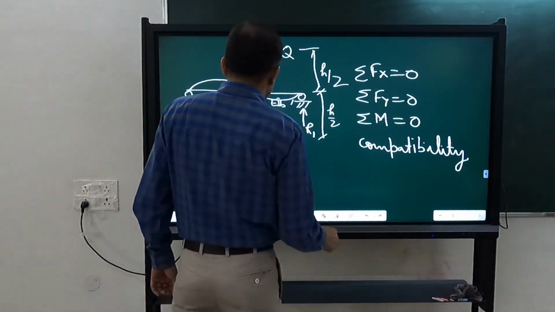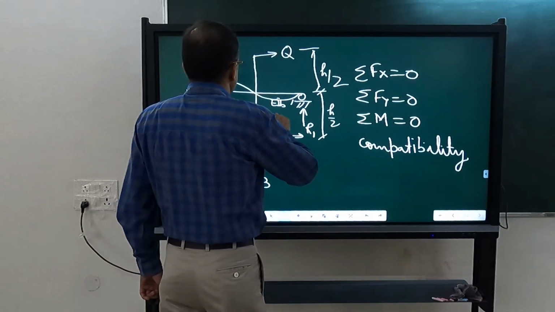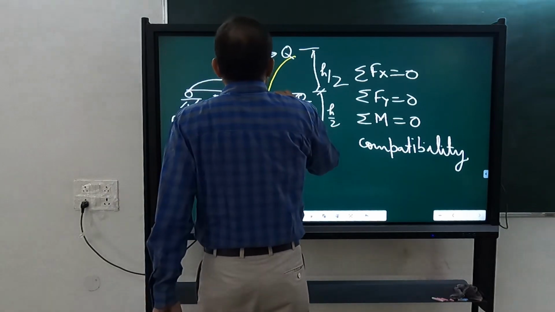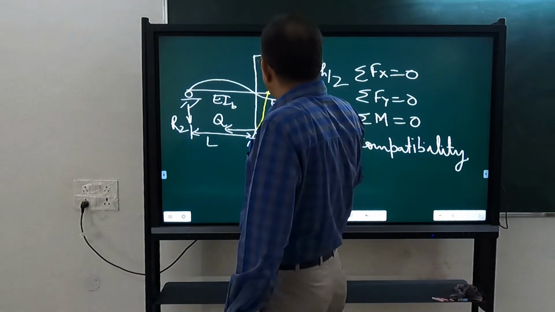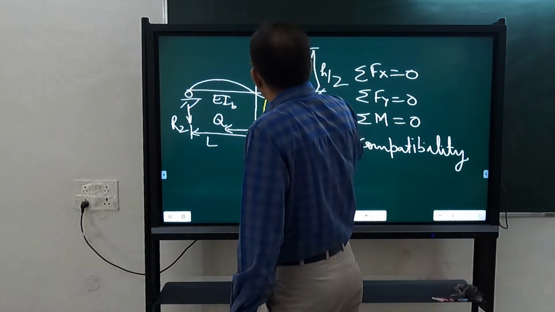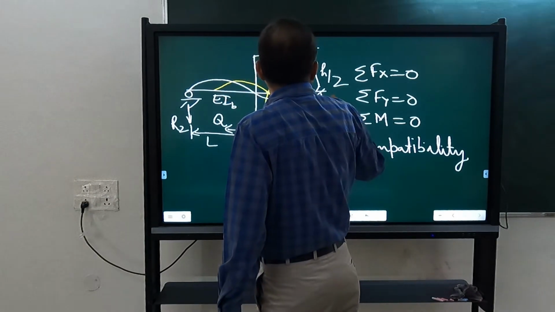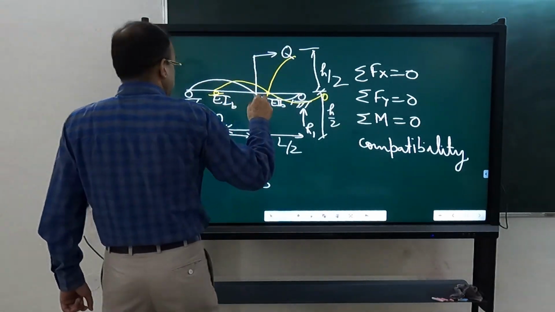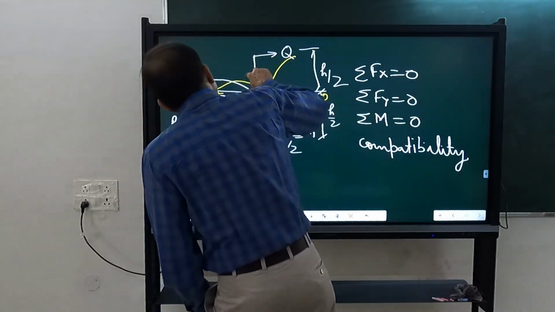Let me use a different curve. We are considering a small deformation. A small deformation means that the deformed length and the original length are more or less the same. So this point can't move. This will remain at the same level. The rotation will be such that the compatibility at the joint is satisfied.